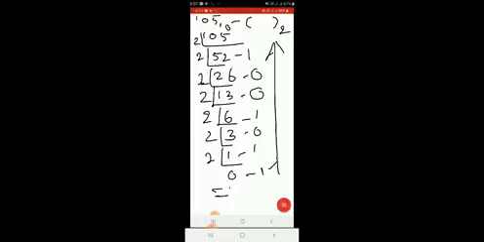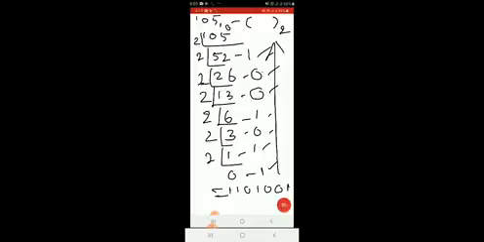Okay. So when you collect the remainders, what you will get? 1 1 0 1 0 0 1. Okay, children. Binary equivalent of 105 is 1 1 0 1 0 0 1.